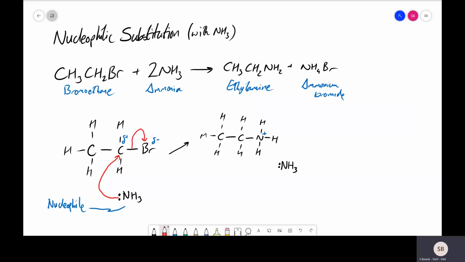Now, what could happen now is we've got a second ammonia because we've got 2 ammonias in the chemical equation. So we need to have that second ammonia coming in from somewhere. It's in our reacting mixture. If this ammonia acted as a nucleophile, it might be attracted to the nitrogen with a positive charge, but it doesn't. This step, it does not act like a nucleophile. It acts as a base.